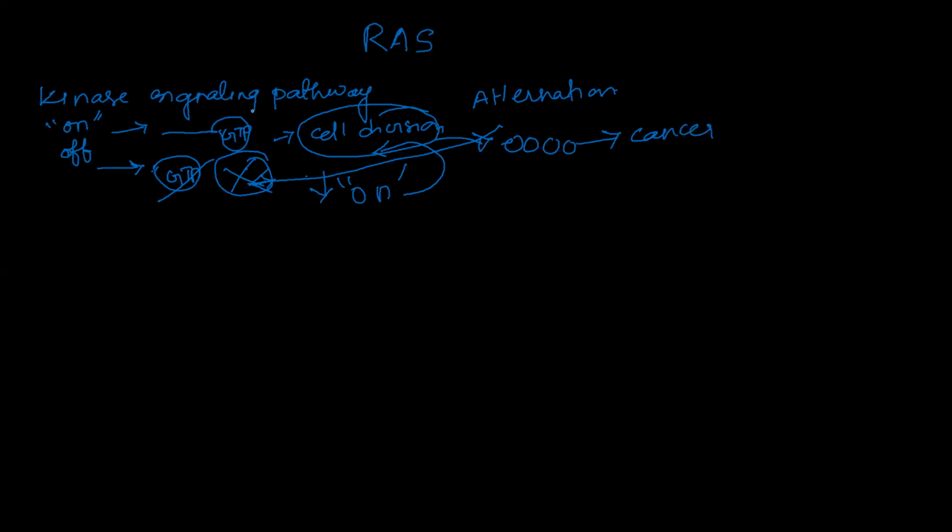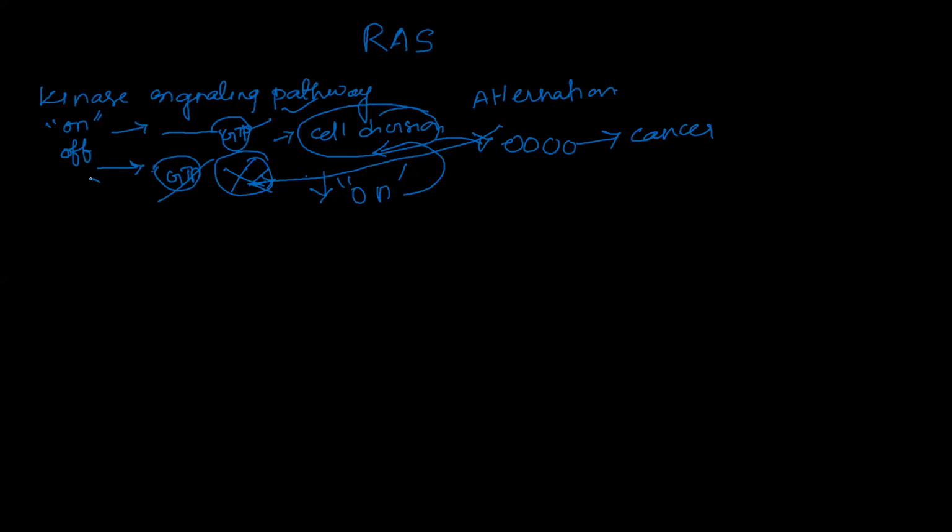So this RAS gene's products help in the kinase signaling pathway, which is essential. They control the transcription of genes and regulate the cell's growth and differentiation. So you can just say there is an on and an off phase. If it is on, the RAS protein will bind to the GTP and cell division starts occurring.